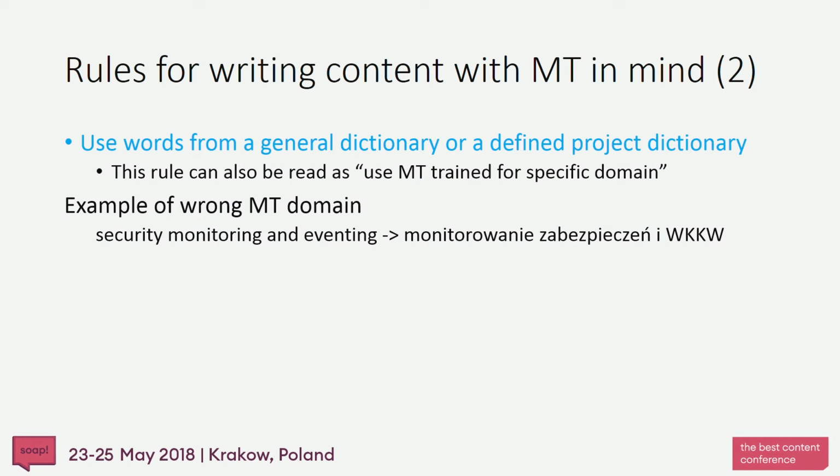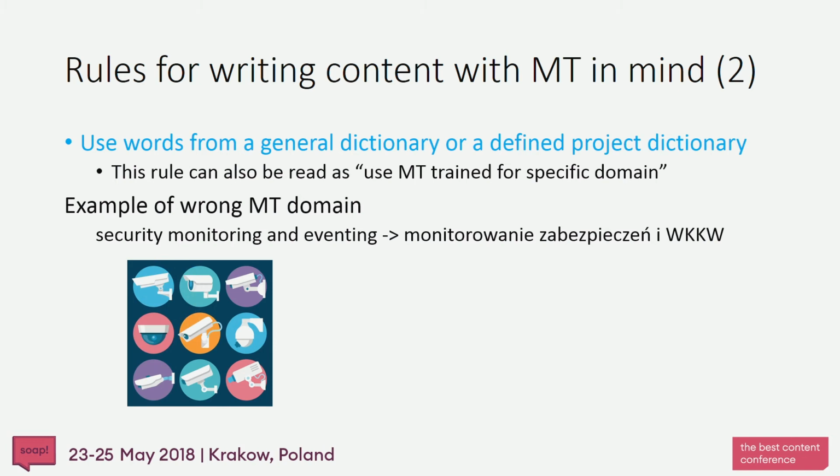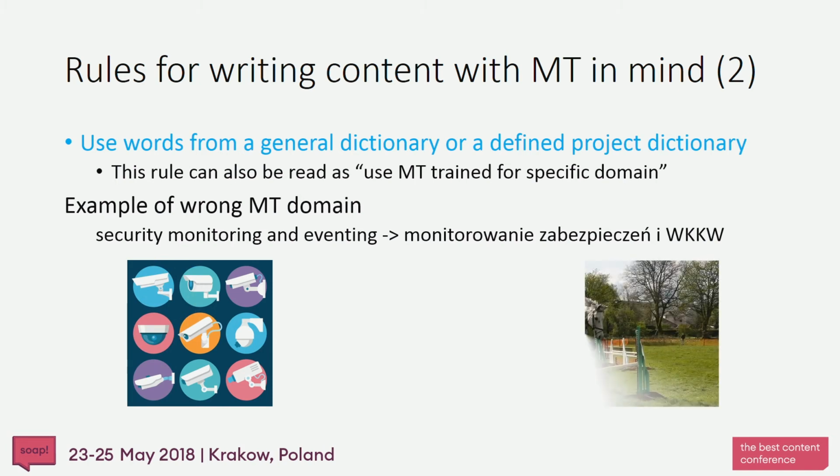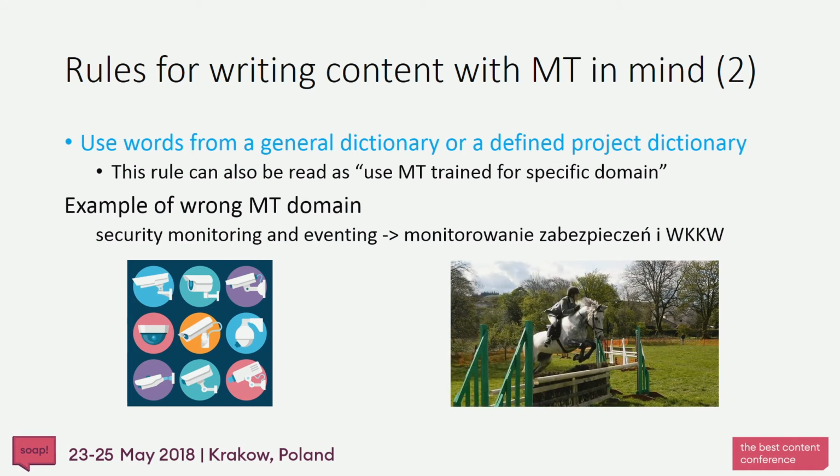That's one of our favorite examples of wrong MT domain taken: security monitoring and eventing translated into monitorowanie zabezpieczeń i WKKW. Wszechstronny konkurs konia wierzchowego. For non-Polish speakers, this is our competition of horse riding and horse jumping, and actually that's exactly this eventing word. It has multiple meanings.